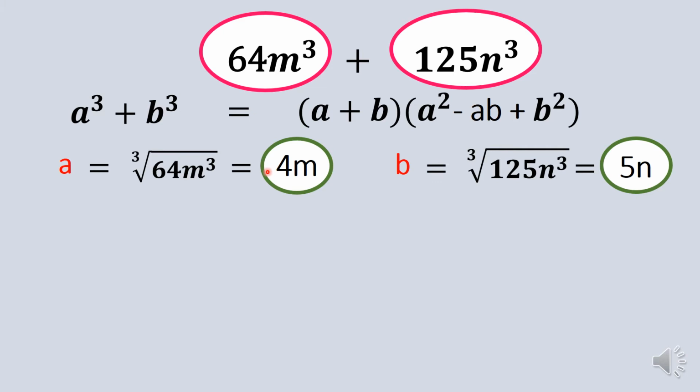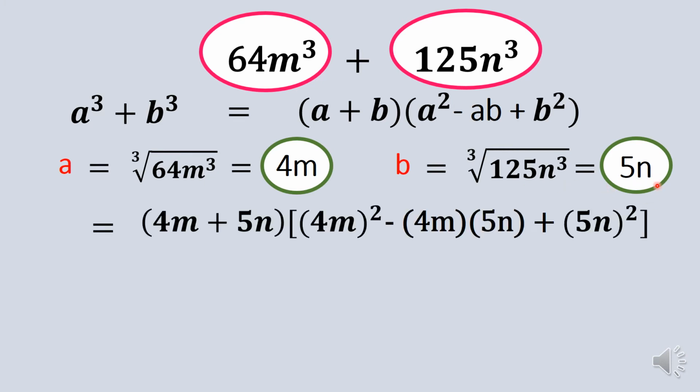Gagamitin natin pang substitute dito sa a and b dito sa ating factored form. Now, pag sinubstitute na natin yung value ng a na 4m at saka b na 5n, ito na yung magiging kalalabasan niya. So, you have now quantity 4m plus 5n. So, ito yung a at saka b natin, no? Dito na parte. Okay, so how about dito sa loob?